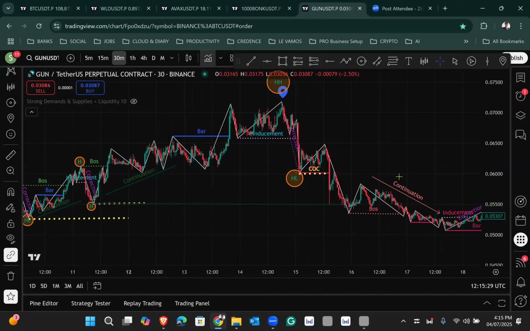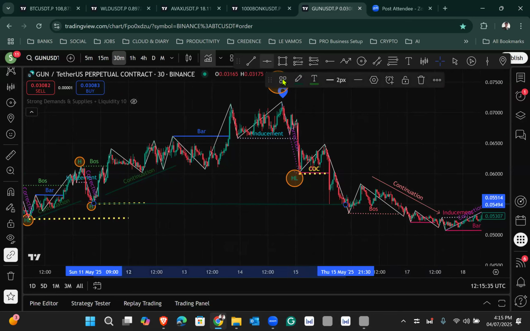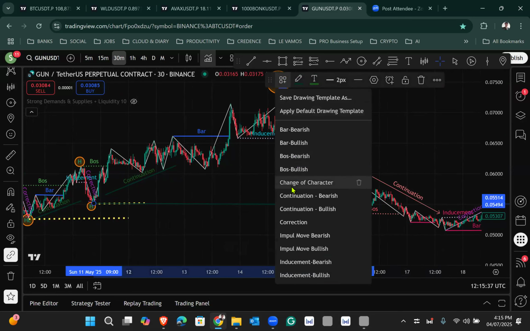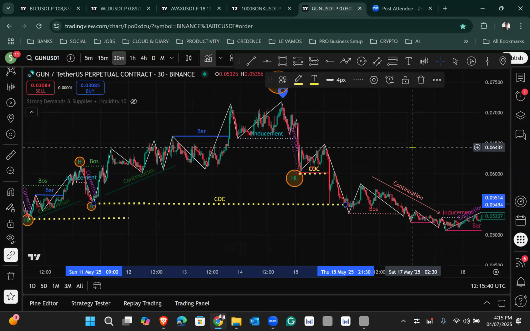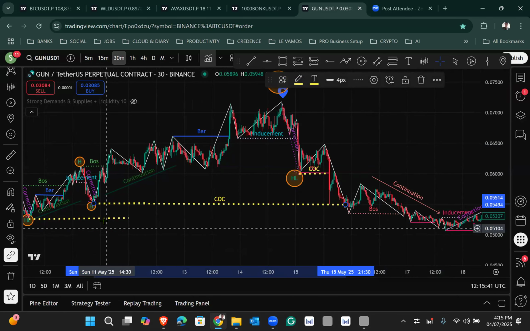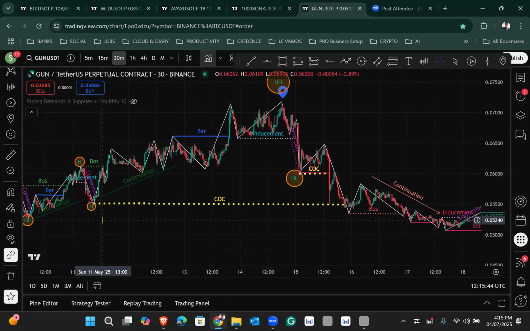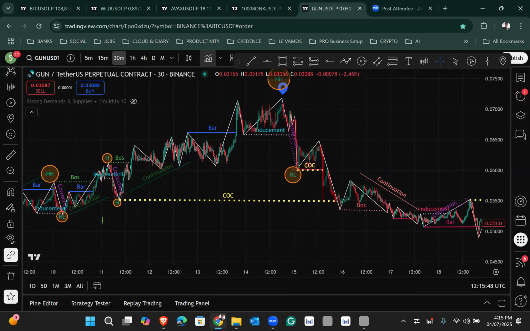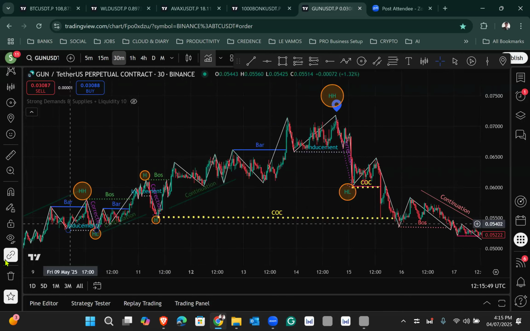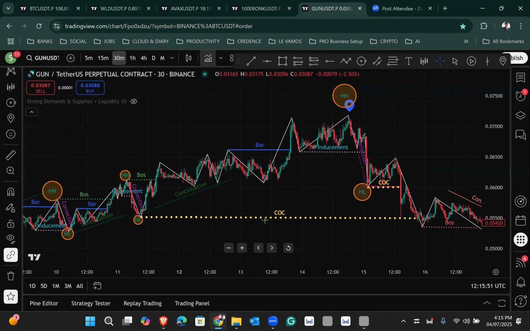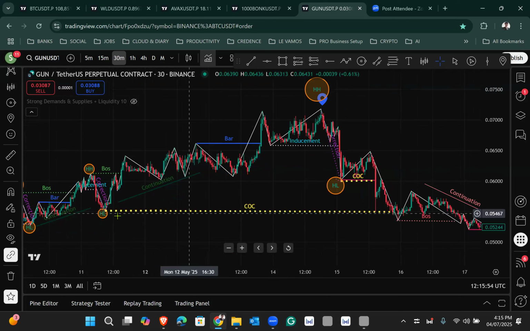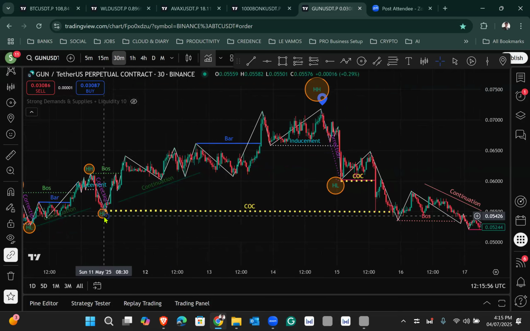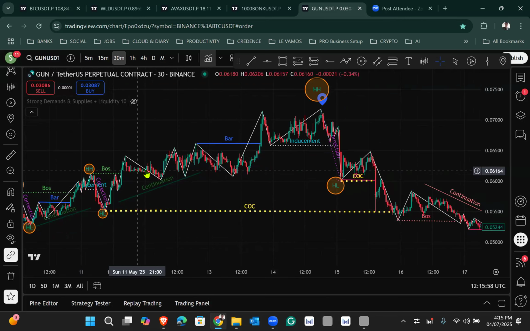Are you extending the line? The change of character line is this one. Yeah, it's the same. So how we consider this the change of character, because this is the higher low, and again it is going up.